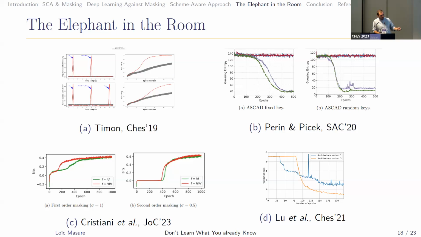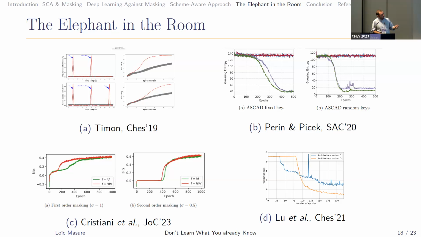The observation is even more obvious on this figure from a recent paper of my co-author Valence Cristiani, recently out at JOC, where you have first order masking as a target on simulations, and here a second order. And you can see that the length of the plateau seems to be much longer when you increase the order of masking.